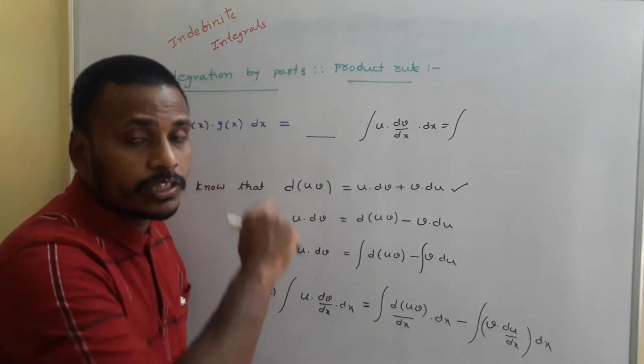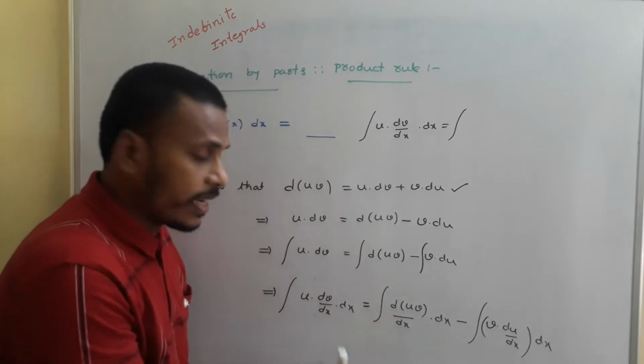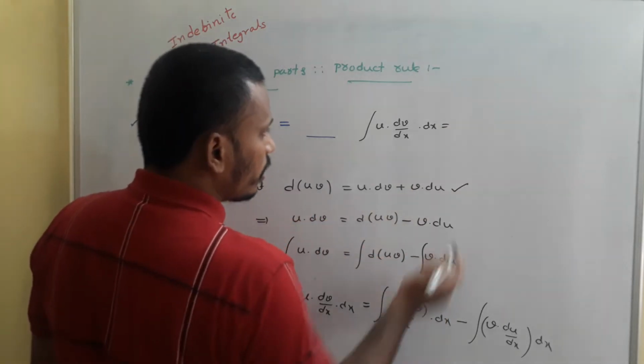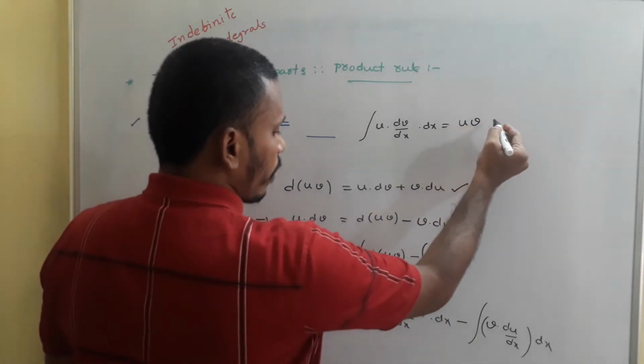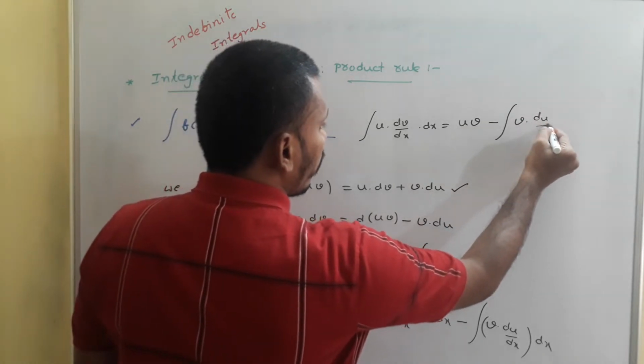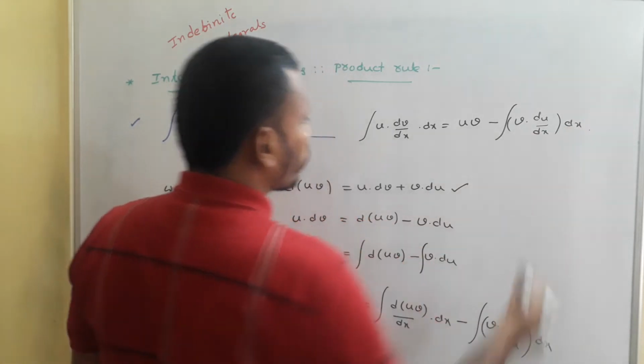We learnt that in the first class of integration. So this integration and this differentiation both get cancelled, and you are left with this uv only. Now this term is u into v minus the integral of v into du by dx, again with respect to x.